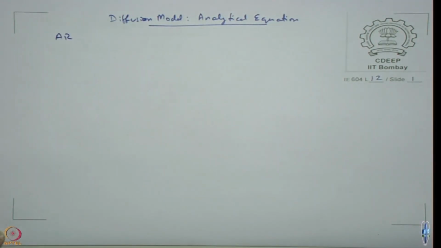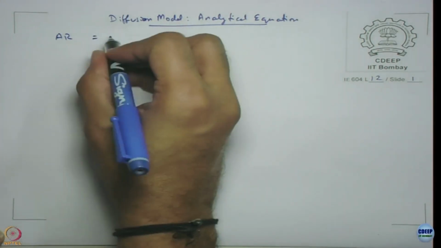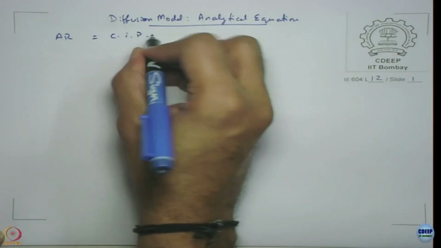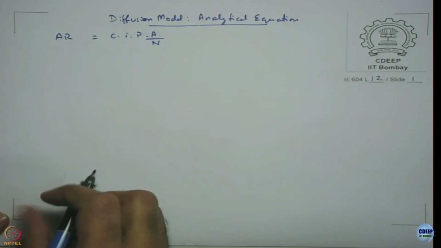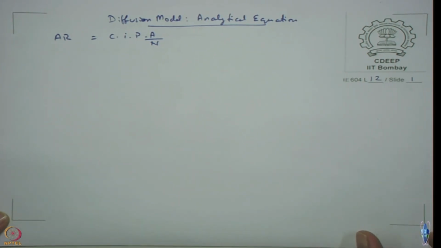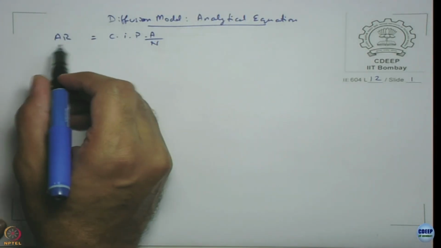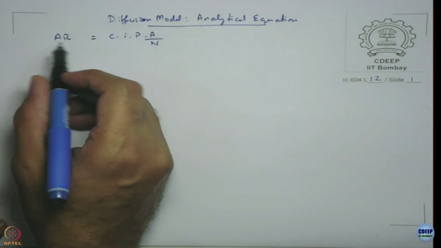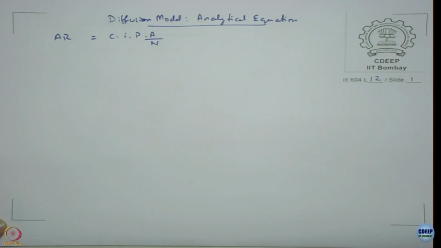We have seen that the adoption rate AR is equal to C into I into P into A by N. So, this is what we had seen from the equation. Whatever is the sales rate or the adoption rate is the same rate at which my actual adopters change.